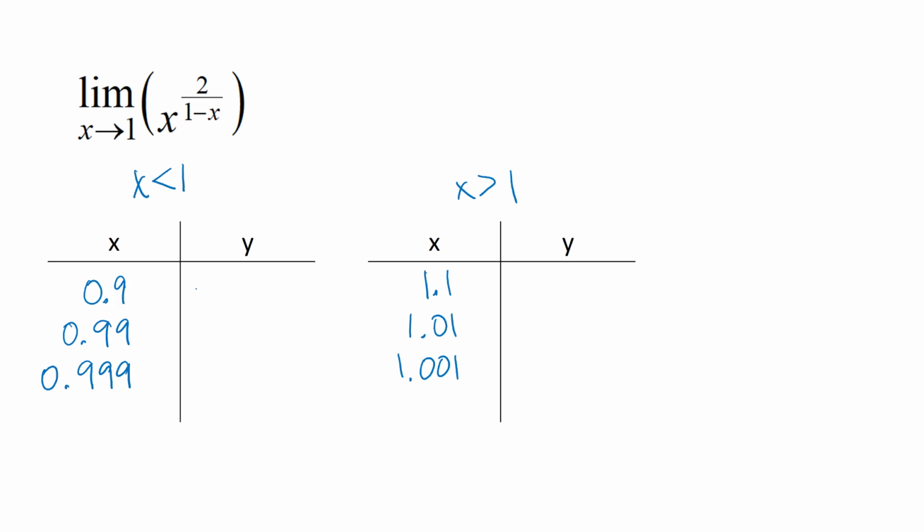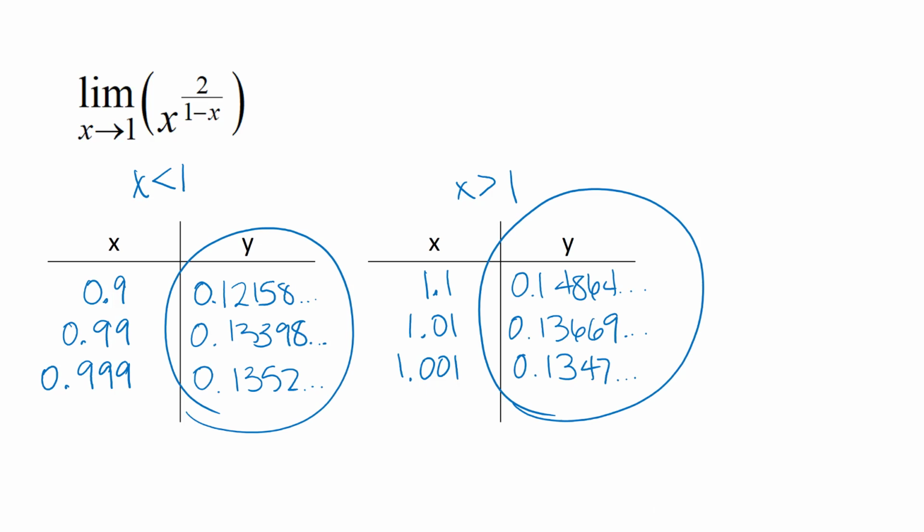All right, so then I want to think about what these output values are like. For this first one, I went ahead and did those on my calculator. I'm just going to write them down here. I got 0.12158 approximately. All right, so I've gone ahead and filled in the table here with the output values, and remember what we want to think about is the trend as x gets closer and closer to 1. On both of these, as you look down the table, those output values are getting closer and closer to some value.